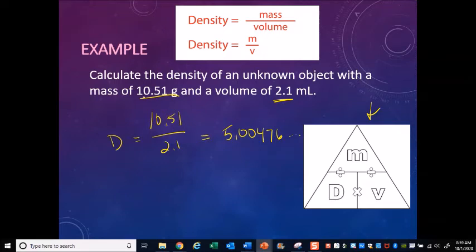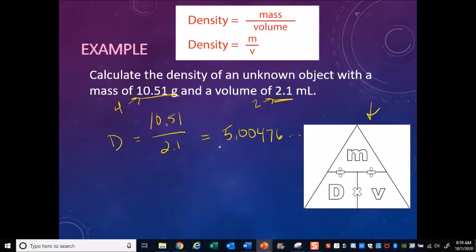Now what I have to consider is my measurements here. How many digits are in the 10.51? 4, good. How many digits are in my volume over here, the 2.1? Only 2. So guess how many digits my answer can have? Yes, only 2.